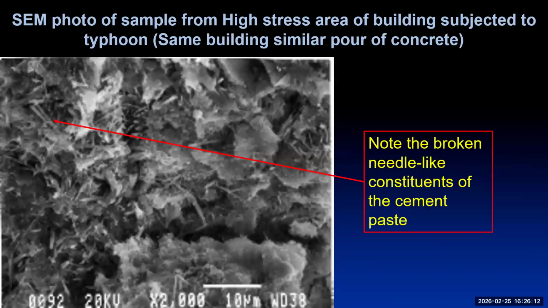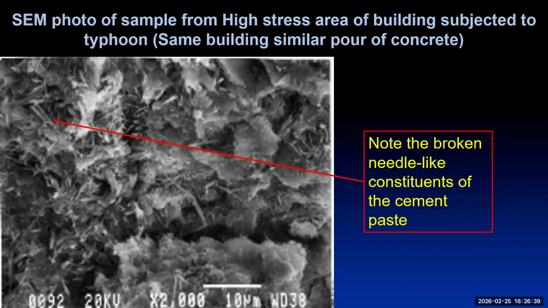Now we have a sample taken from a building which was subjected to a very strong wind, a typhoon in Hong Kong. And what happens is that the concrete itself ages, it undergoes changes chemically, and you can see the broken needle-like constituents there.